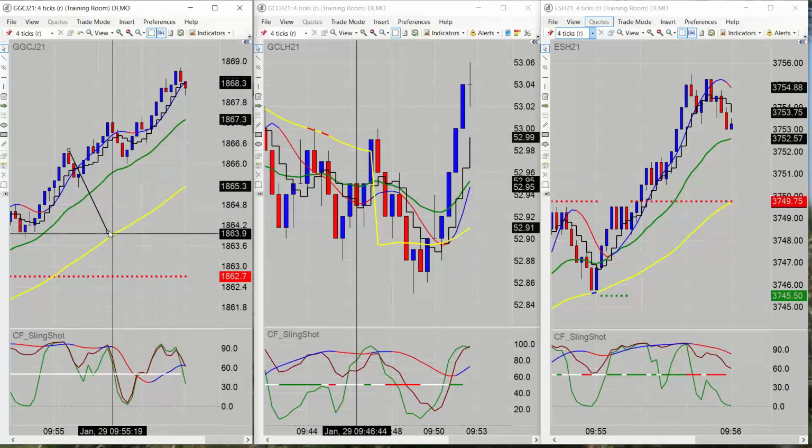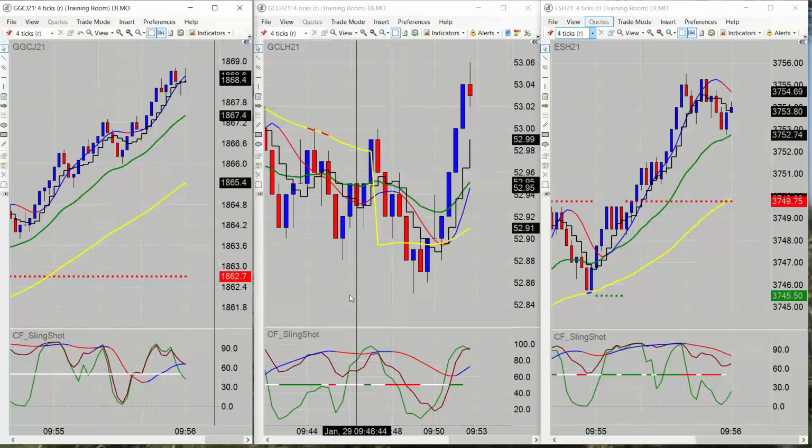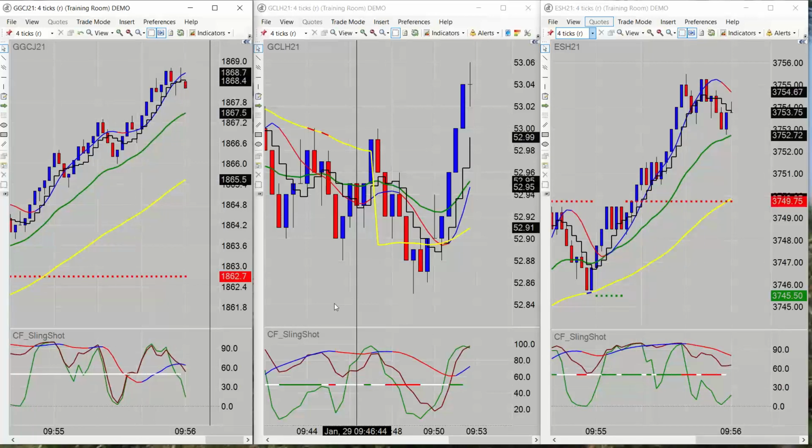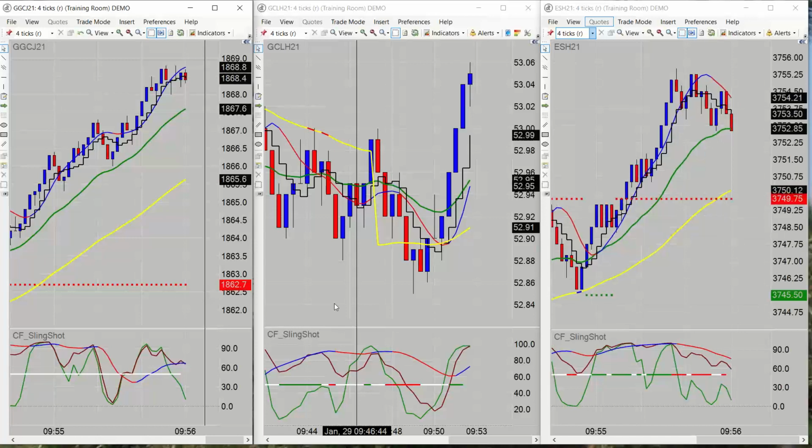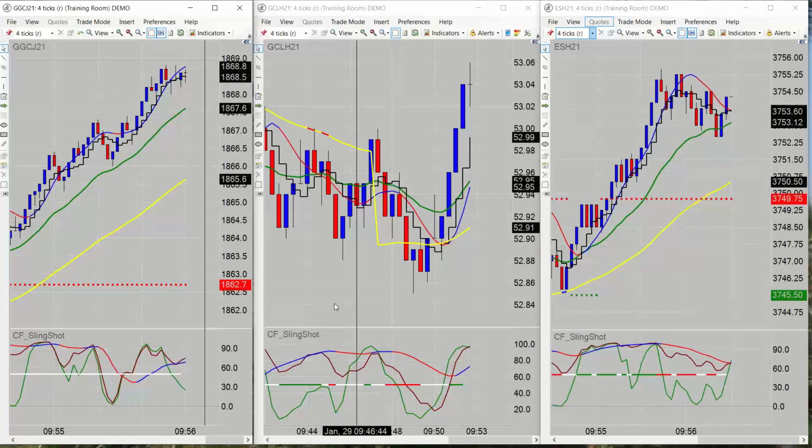Okay, waiting for something here on gold. And now you guys can see why in the live training room, the focus is on the bounce off the BBC and the trend line trades.